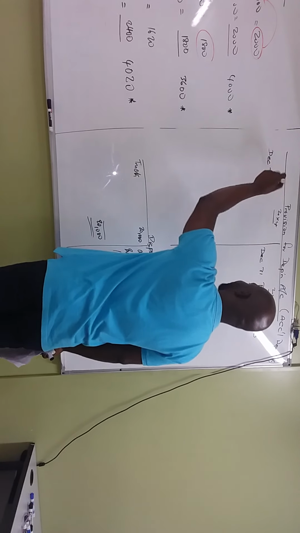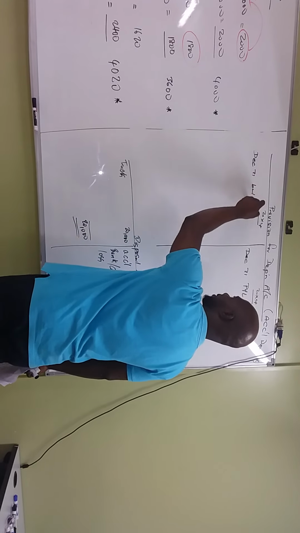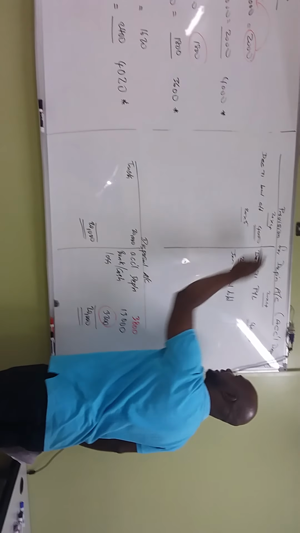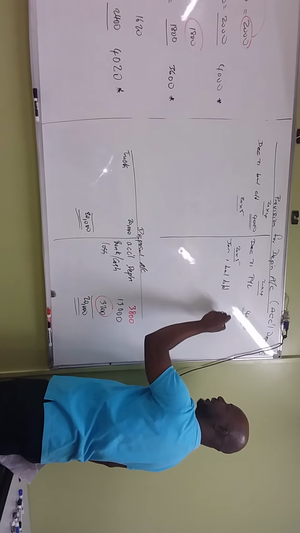December the 31st, balance CD, 4,000. You go to 2005. January 1st, your balance brought down. Once you have a balance CD, you must have a balance BD, 4,000.